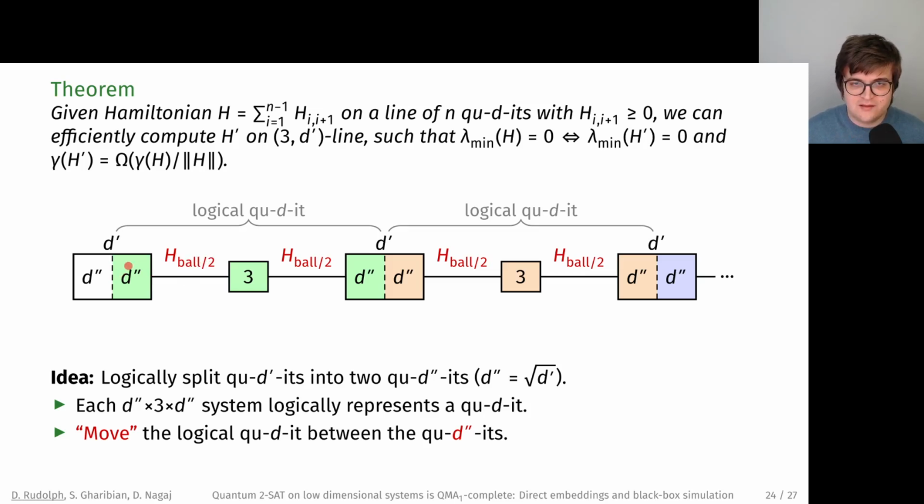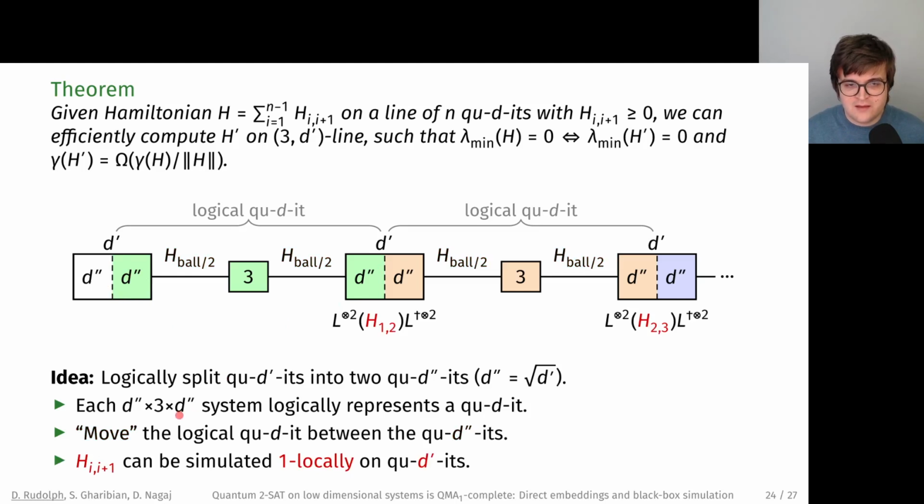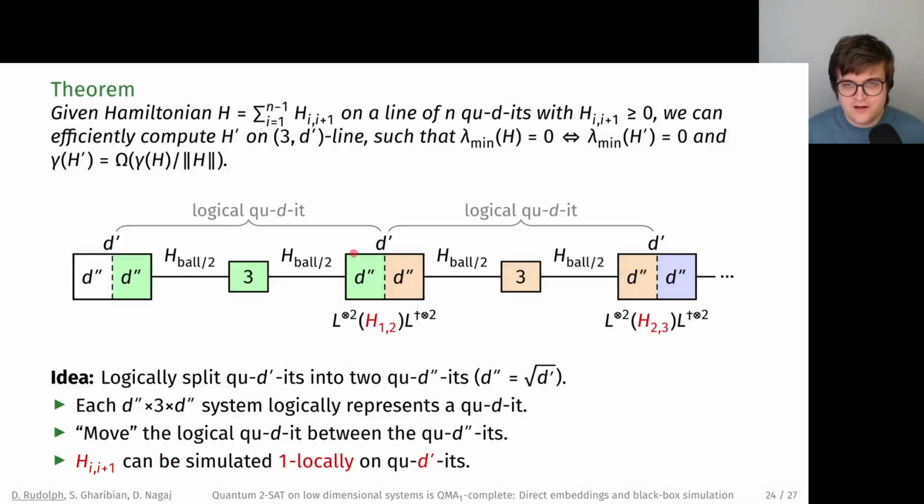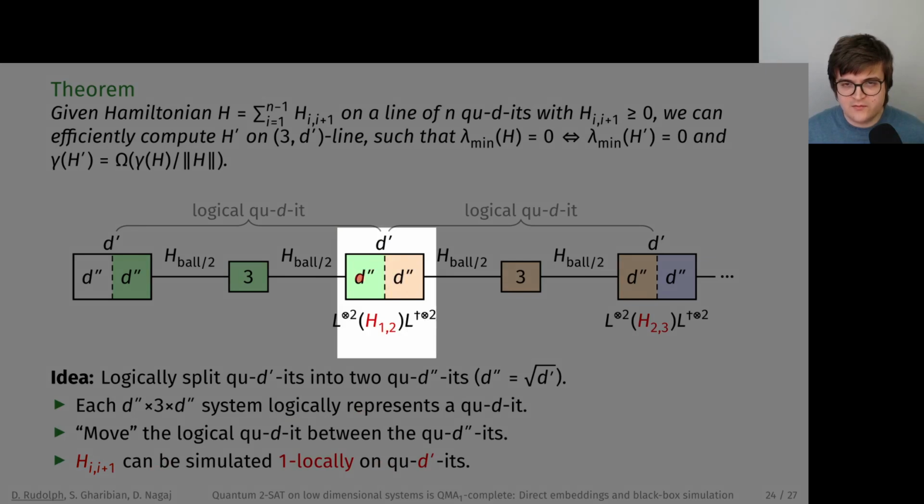So sort of the information in a superposition gets shifted between these outside D prime-its. And then this allows us to simulate the original H_{i,i+1} locally on qudit-prime-its. So because at some point the information is here and here, we can then, up to some local isometry again, apply the original Hamiltonian H12.